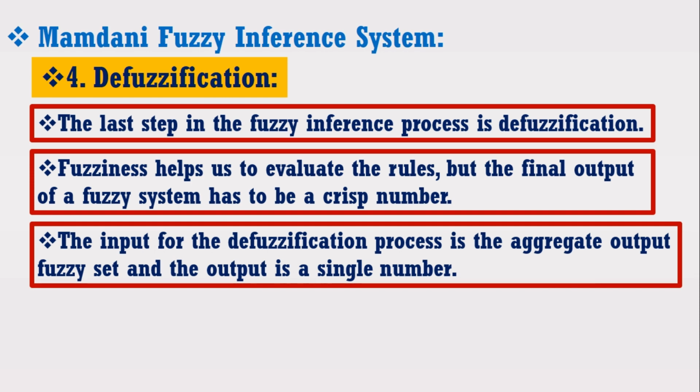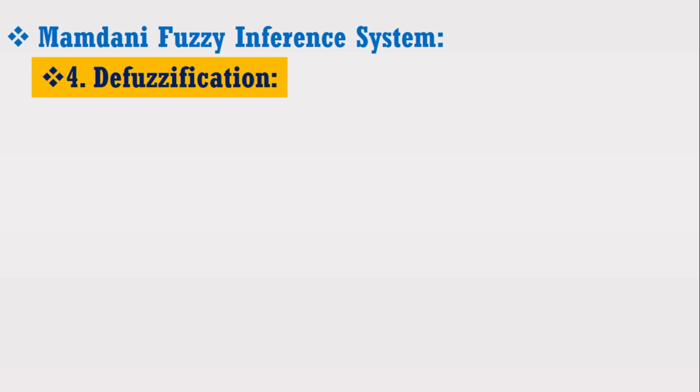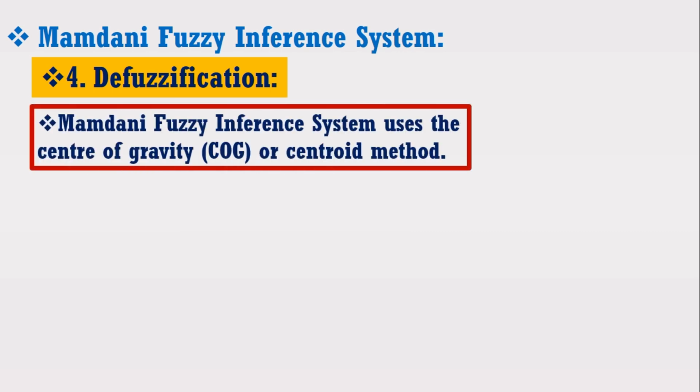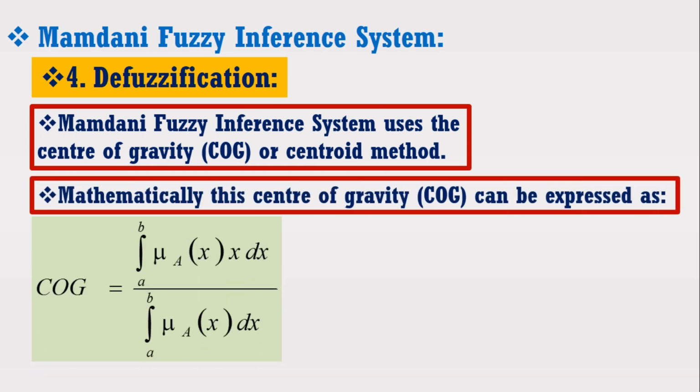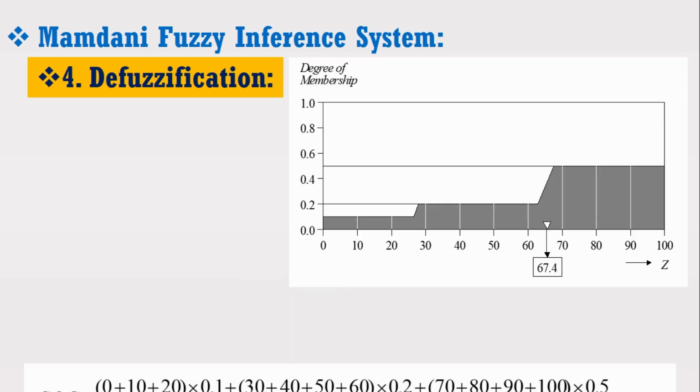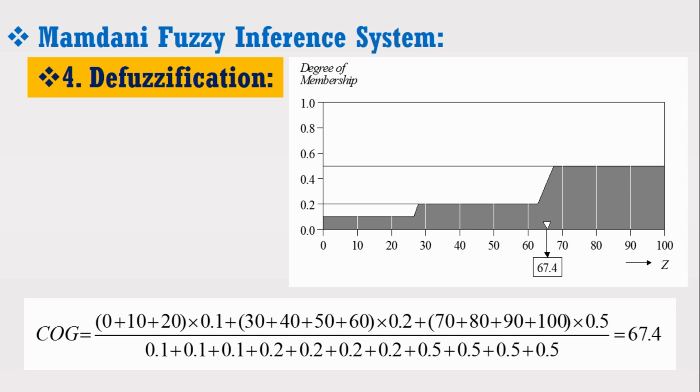Friends, it may be noted that the Mamdani fuzzy inference system always uses the center of gravity or centroid method for defuzzification. Mathematically, the center of gravity can be expressed as below. Applying this centroid on this figure, we will obtain the single defuzzified output as 67.4.